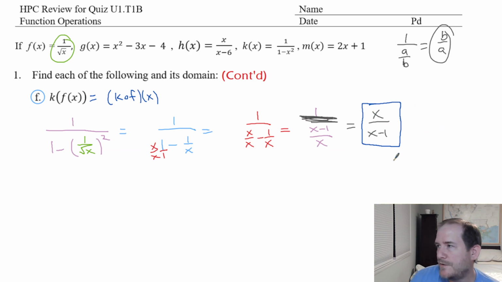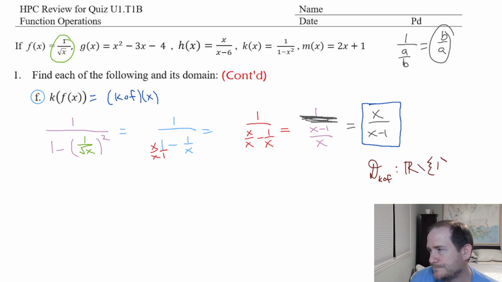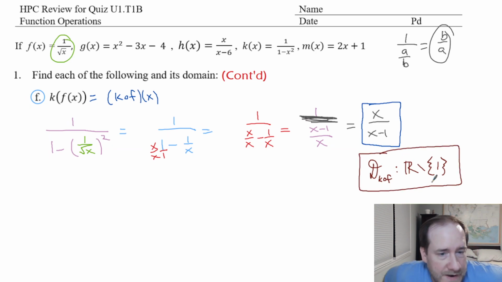All right, so again, if I'm lazy and if I don't really understand math, then I might say that the domain of K composed with F is nothing more than all numbers except for the number 1. Because that's how rational functions usually work. Usually it's all numbers except for the 0 of the denominator. I'd probably even walk away from my quiz feeling really good about myself and thinking I did great.